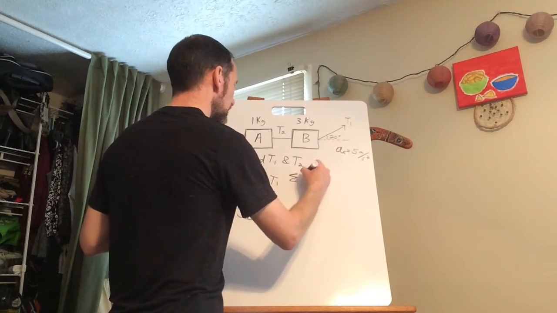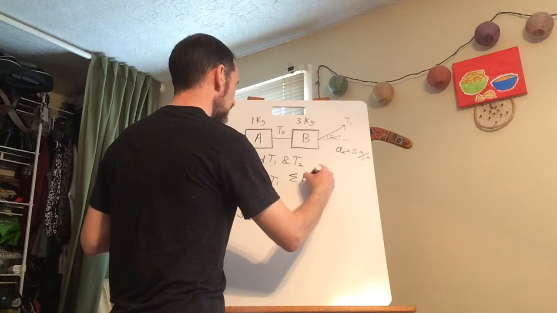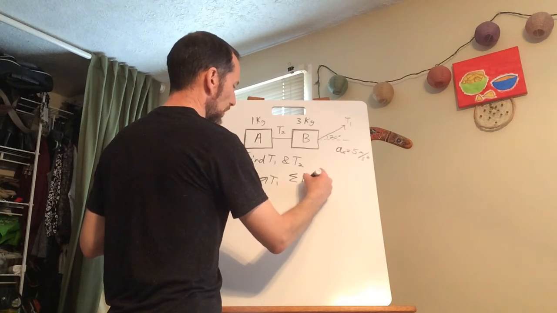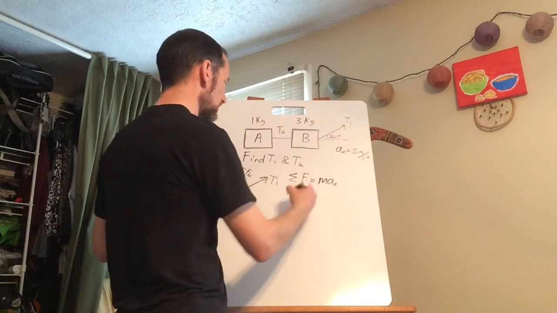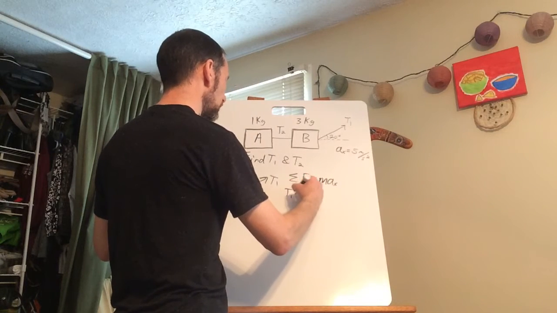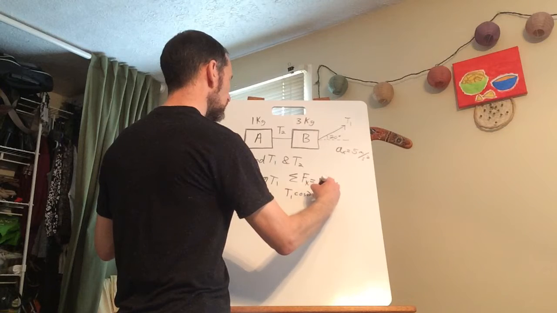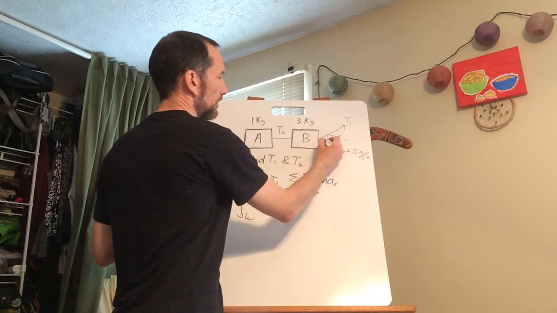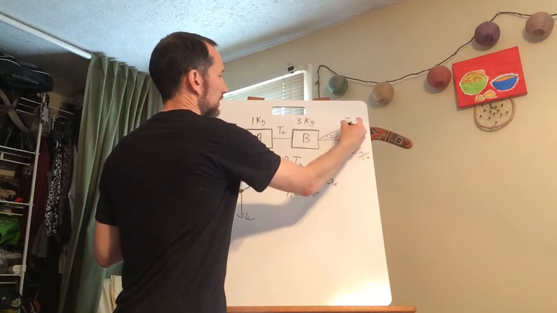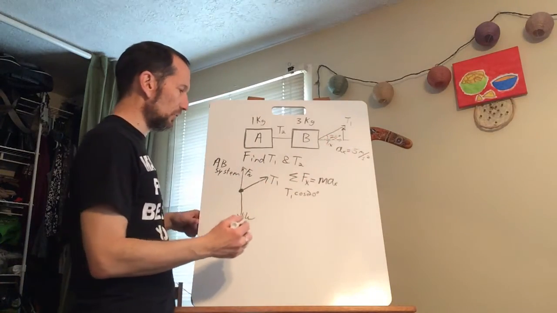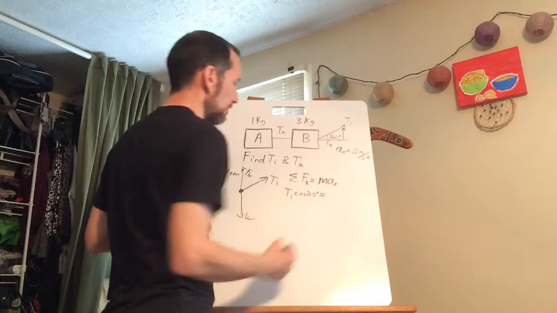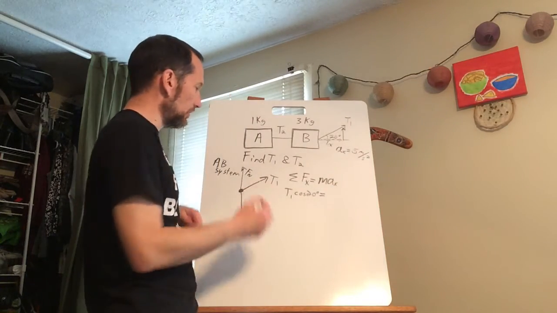So we can sum the forces in the y direction, well, we don't need to do the y direction, I guess, but we can sum the forces in the x direction. We have T1 cosine 20 degrees, because this T1x is adjacent to the 20-degree angle, equals mass. And which mass do we use?